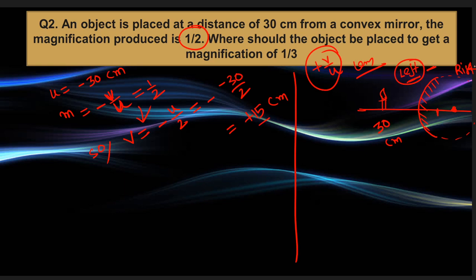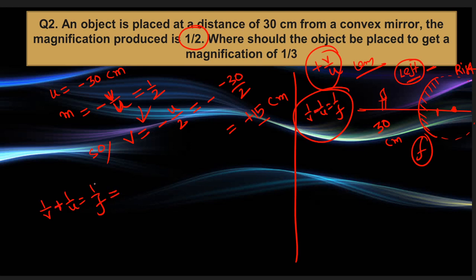Okay. Now let's find out the value of focal length of this mirror. We know for the mirror 1 by v plus 1 by u equal to 1 by f. If it is a lens, then 1 by v minus 1 by u equal to 1 by f. This difference is there. If mirror, plus; if lens, minus. So 1 by f equal to 1 by v, which is 15, plus 1 by u, which is minus 30. Clear?